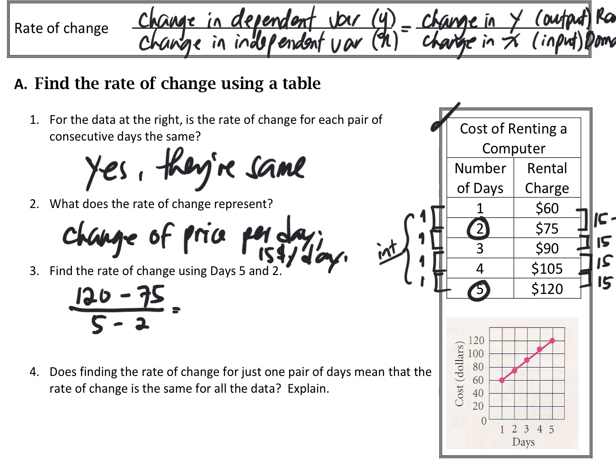If you continue with this, 120 minus 75 is going to give you 45 dollars, and 5 minus 2 days is going to give you 3 days. So it means 45 divided by 3 is going to give you $15 per day.